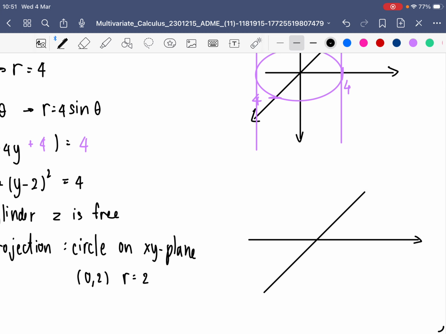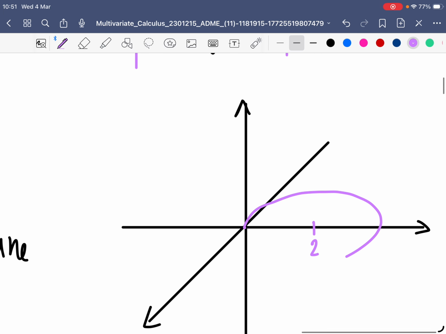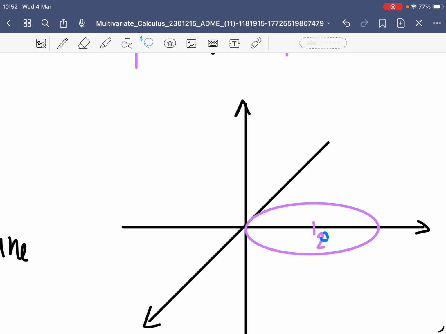This is your x, y, and z is 3. So the projection x is 0 and y is 2, it appears here. Your projection is a circle of radius exactly 2. So the center (0, 2) here moves to the left and right for 2 units because the radius this time is 2.